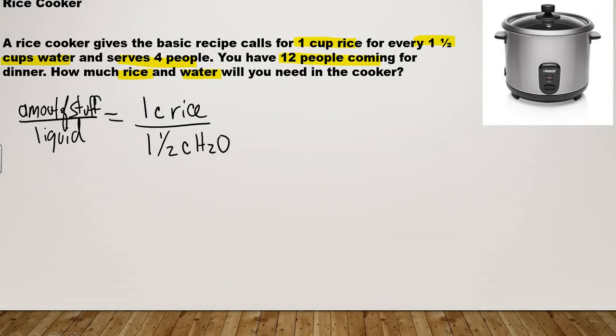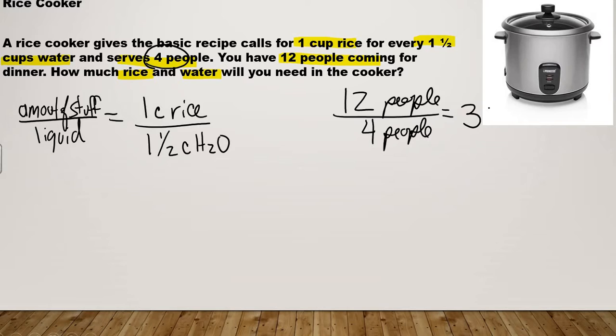Now, I want to make it for 12 people. So first off, I know I take my 12 people and my original recipe serves 4 people. So I see that I need to triple the recipe.